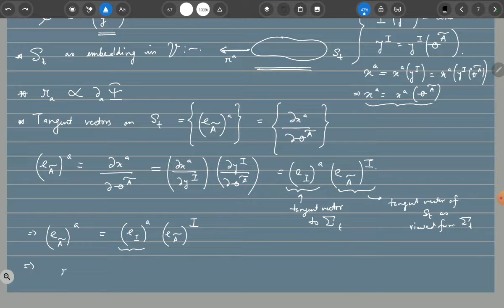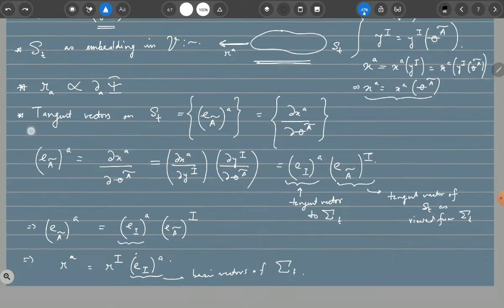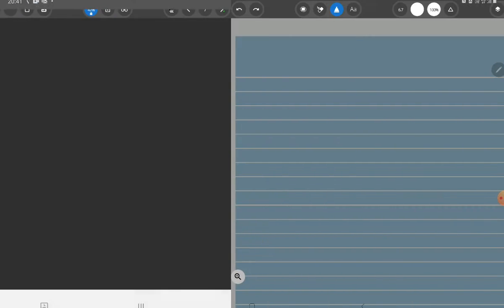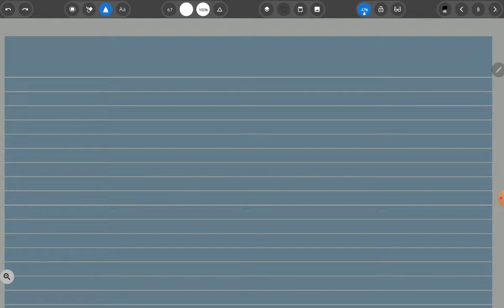So we can have the basis expansion of r^a equal to r^i, these are the components, times e_i^a, where e_i^a are the basis vectors of Sigma_t. Good. Okay, so let me proceed.